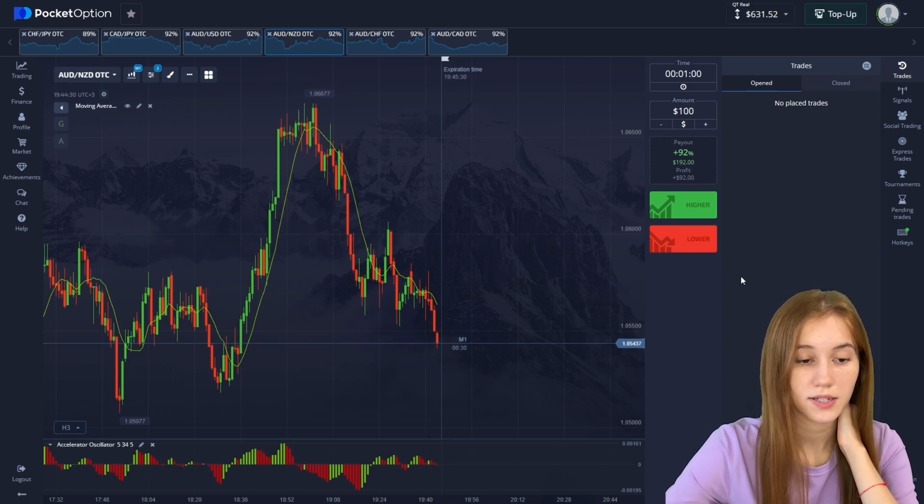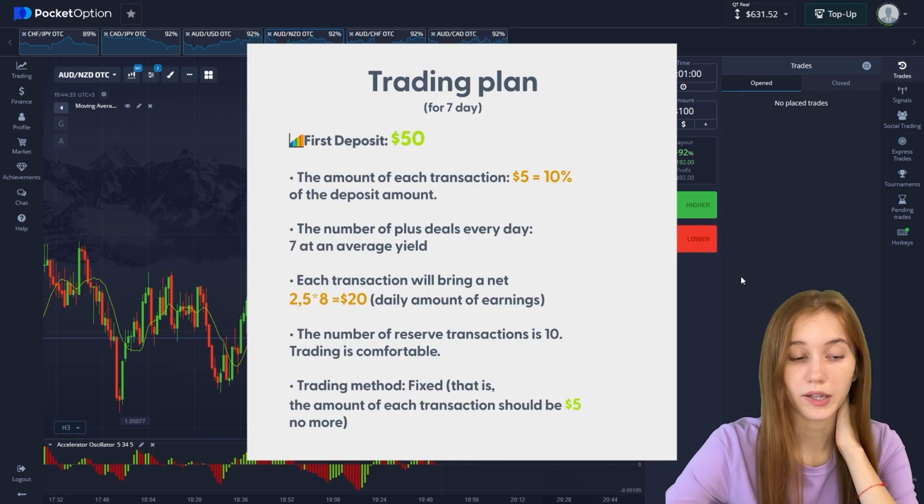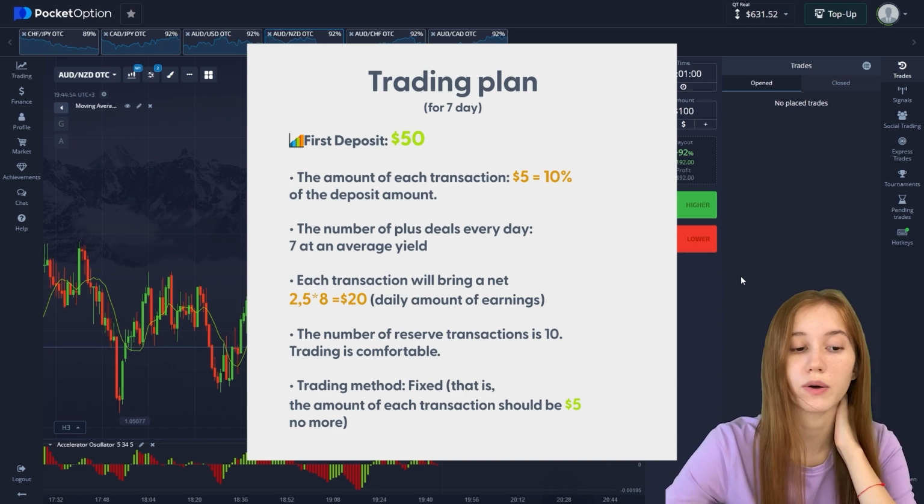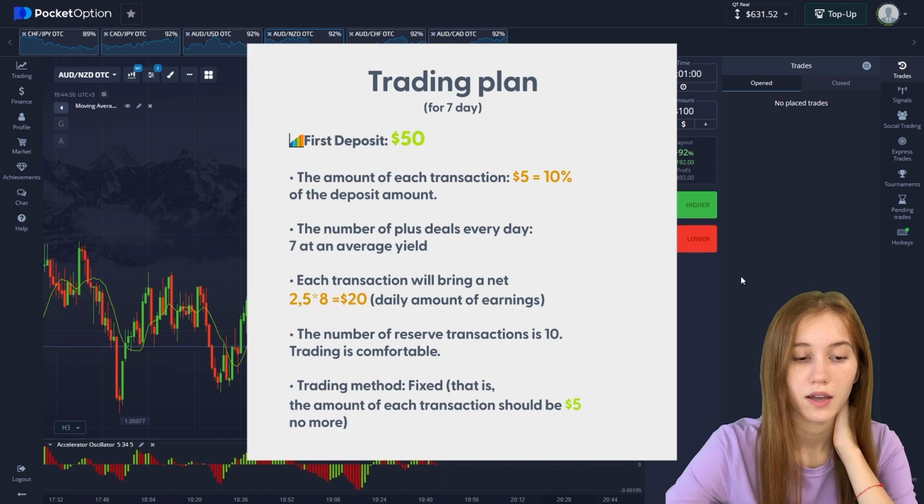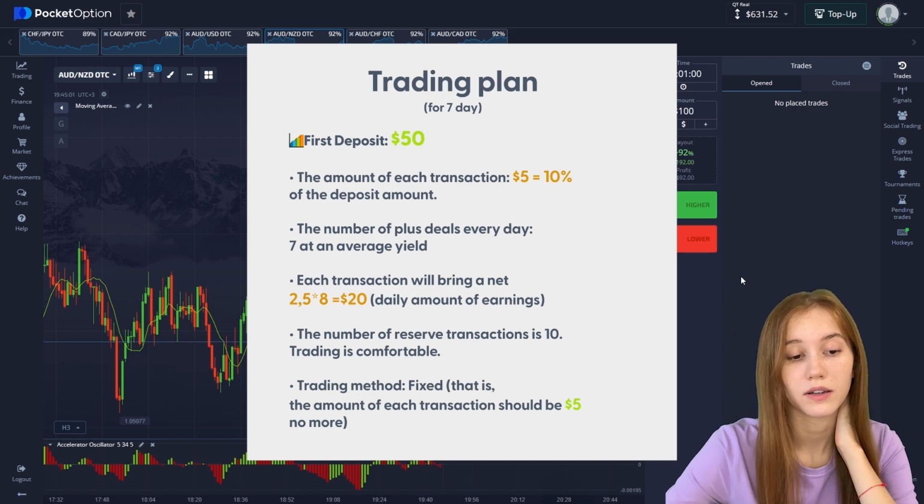So you see this table, it's trading plan, I say like this. It works, and I'll tell you more about this plan. The first deposit is $50. The first thing we do is start placing deals with $5, which is 10% of our total deposit amount. So the number of profitable deals every day is approximately 7, plus or minus.